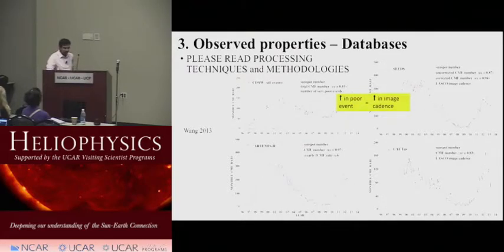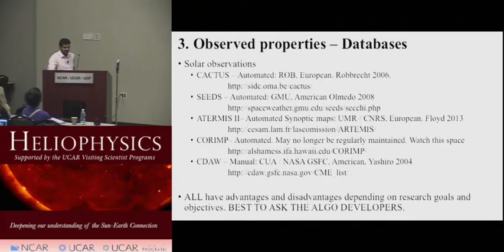But if you're using a lot of these data sets, I should point out some of these are automated, some are semi-automated, and some are model. There's a semi-automated one that's coming out from Johns Hopkins, being led by Angelos Vourlidas, which is a mix between automating certain characteristics, manually selecting the initial characteristics and letting algorithms calculate the rest.